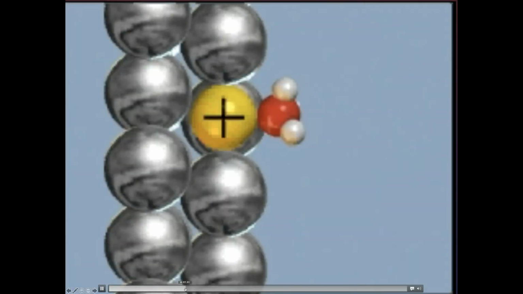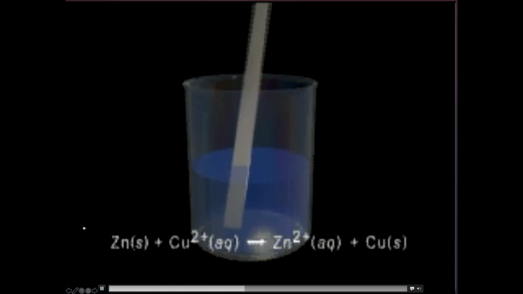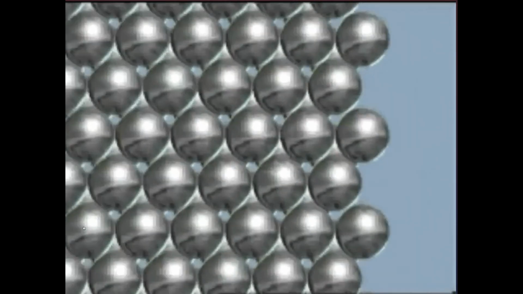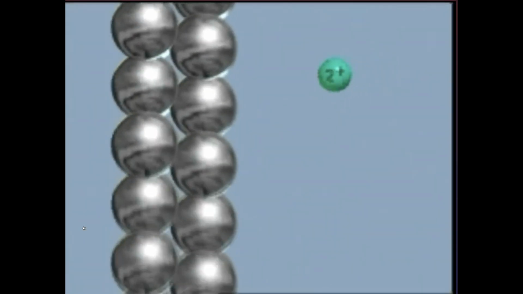Now, if we were to place the zinc directly into the copper nitrate, what would happen is not this. If we put zinc directly into copper nitrate, we will get an exchange of electrons. The problem is the exchange of electrons happens directly between the metal strip and the copper ion.